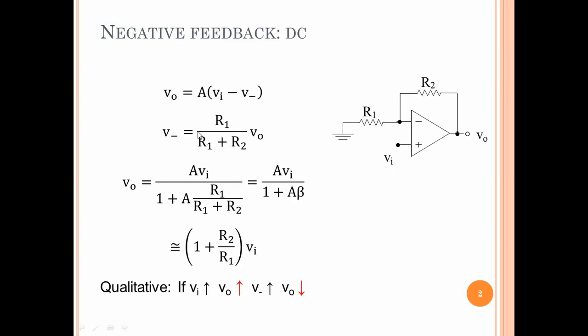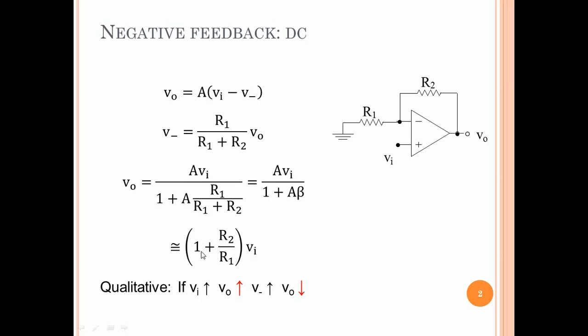Now, how do we do this? So let's say Vi is a step, and well, actually we can't look at this equation because there is no frequency or no capacitors or anything here. So if we look at only this equation, then if Vi is a step, Vo is also a step.